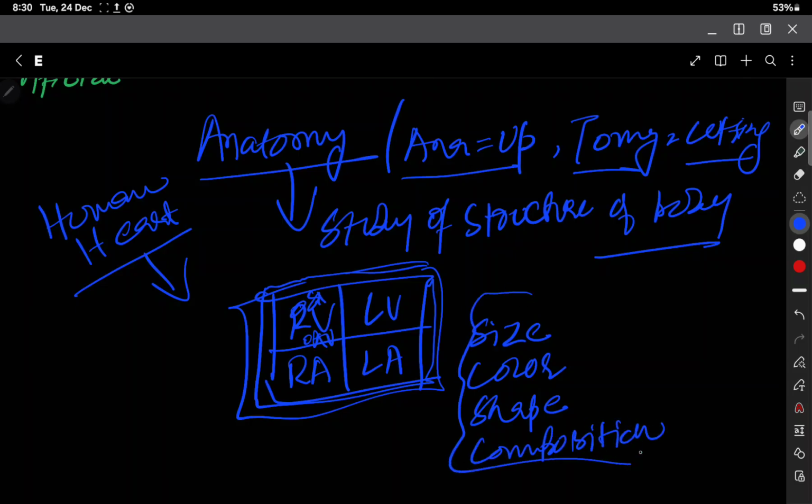So these things we will be studying in anatomy, mainly size, color, shape, composition. While studying human anatomy, the study of individual parts along with their relations is also studied. In short, we can say that the study of structure and interactions of the organ systems within the body will be called anatomy.